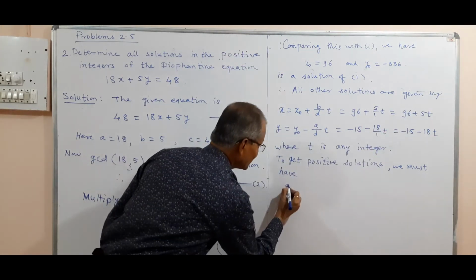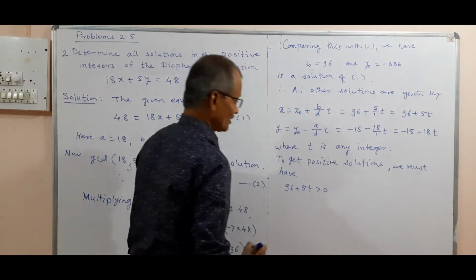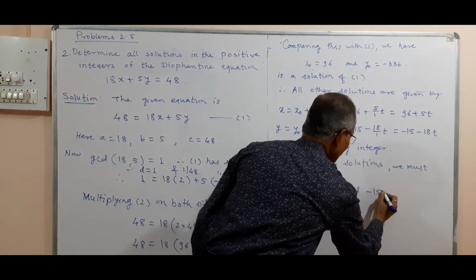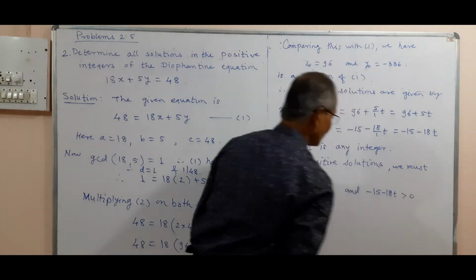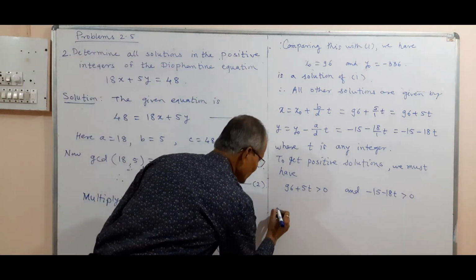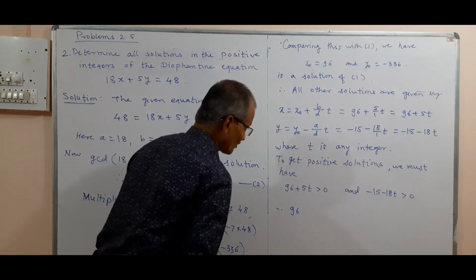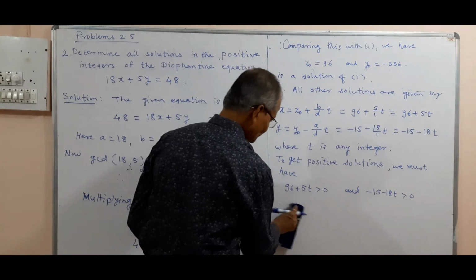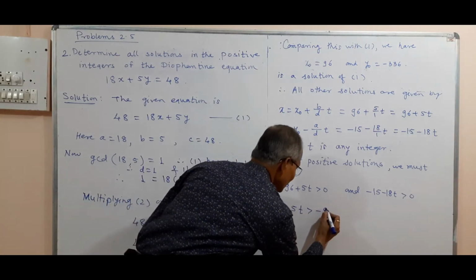We must have 96 plus 5t greater than 0, and minus 15 minus 18t also greater than 0. Both must be positive. What this first gives is 5t is greater than minus 96.